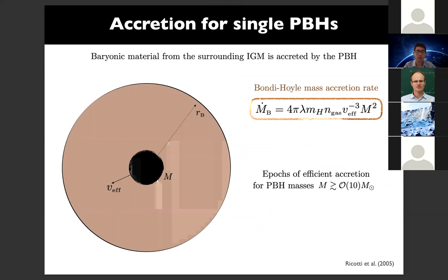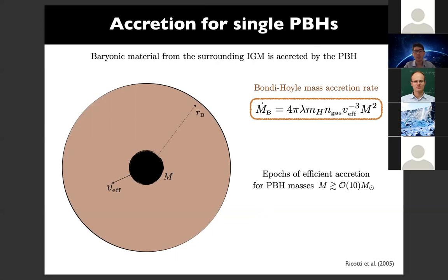The basic picture is that you have a primordial black hole moving with a certain velocity in the surrounding intergalactic medium. And it may accrete baryonic particles which are in the region around it, a region which is usually called the Bondi radius, that is determined by the PBH mass and effective velocity.